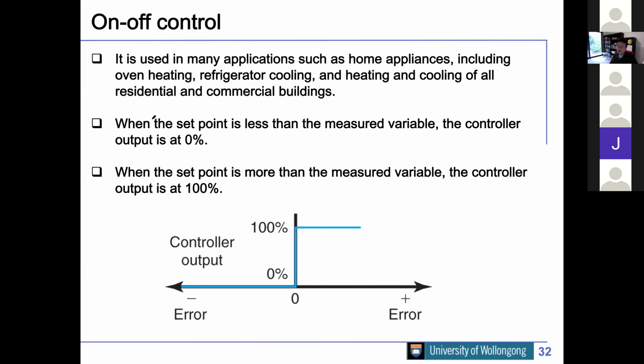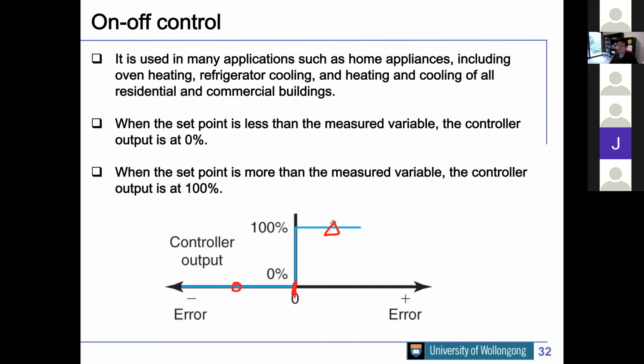So the idea of on-off control is, if our measurement is less than the setting value, and this is our setting value, we switch our controller to a state, either off or on. If the measurement is larger than that, we switch to a different state.